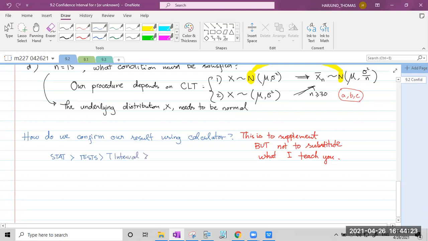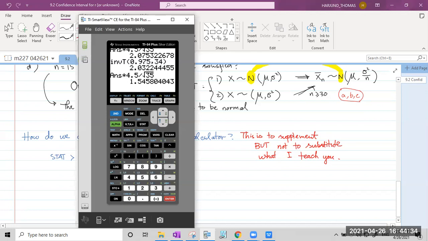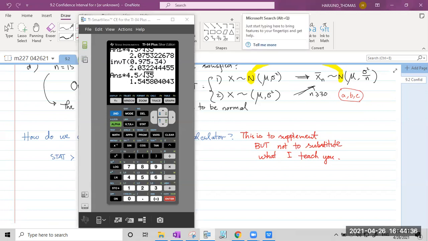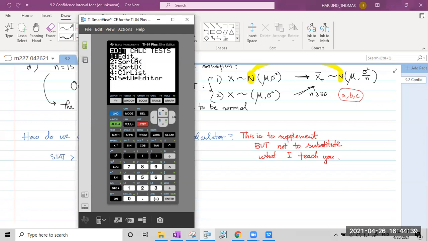Once you get to t interval, below z interval, you choose the input to be stats. Then you enter the sample mean, sample standard deviation, sample size, and confidence level.